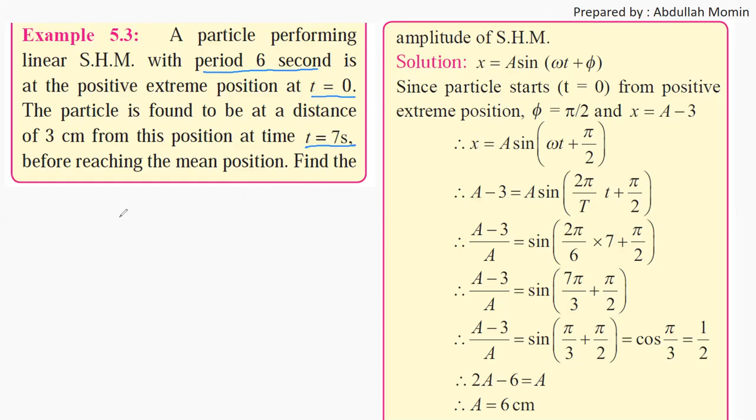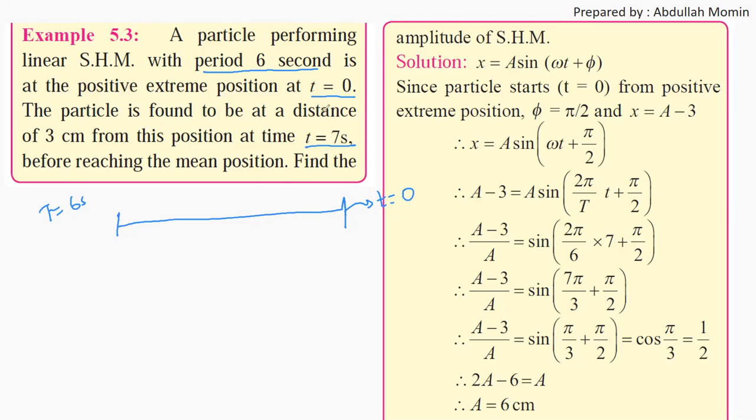Now what this numerical is saying: a particle performing linear SHM, and the time period T is 6 seconds, and it is at extreme position. Suppose the particle is at extreme position.